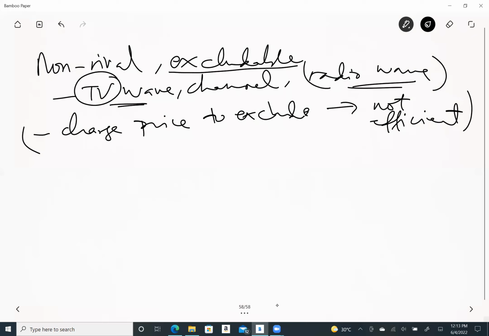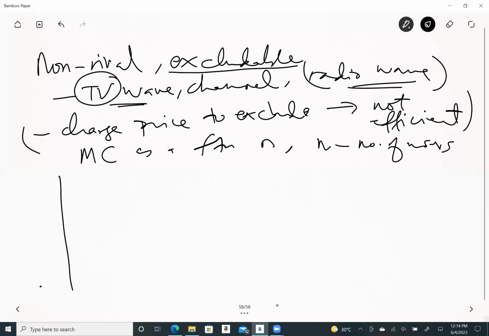So let's look at the model. You have here non-rival. Again, you have the marginal cost as a function of n, where n is the number of users. As you can see in the diagram, n, MC, 0.